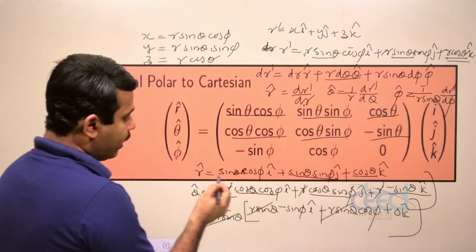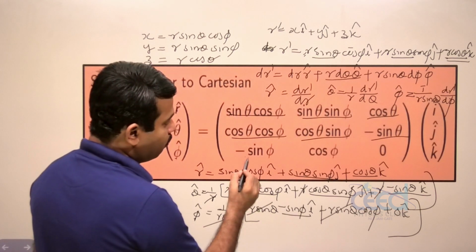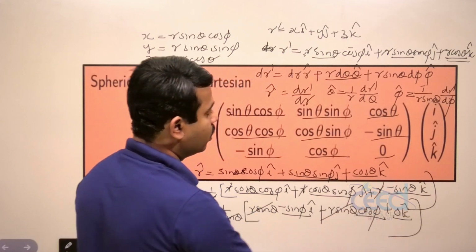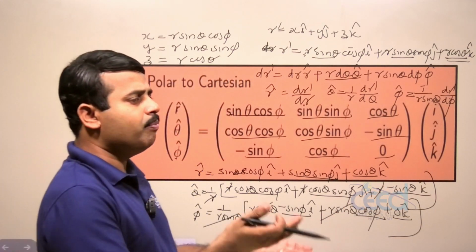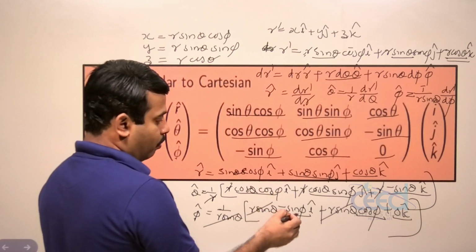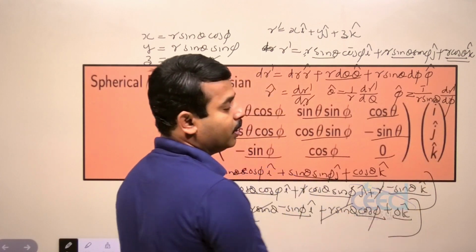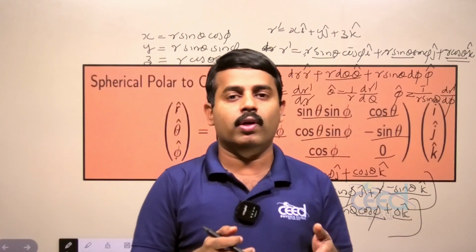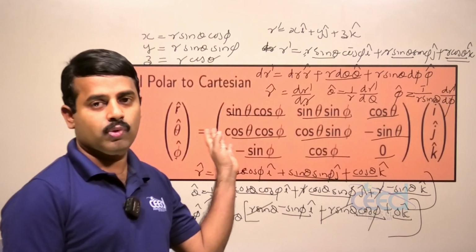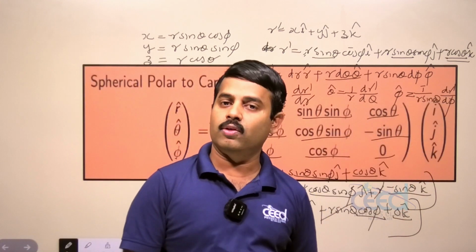Now the phi cap coefficients: minus sin phi, cos phi, 0. Then i cap, j cap, k cap. So these are the connection matrix form between spherical polar coordinates and Cartesian coordinates.